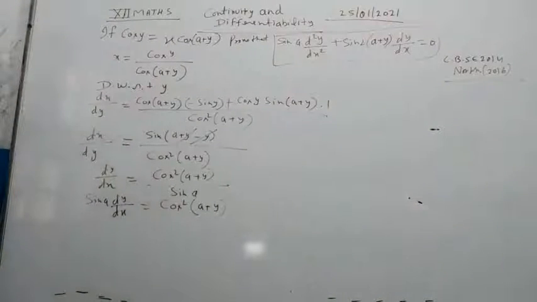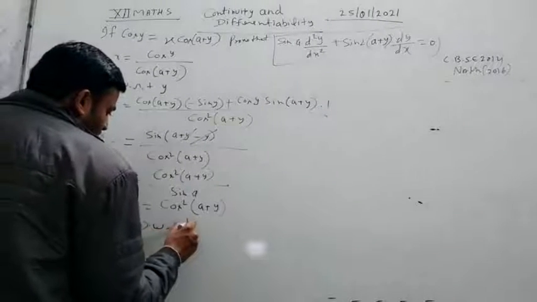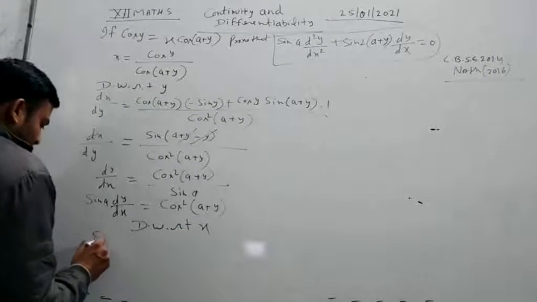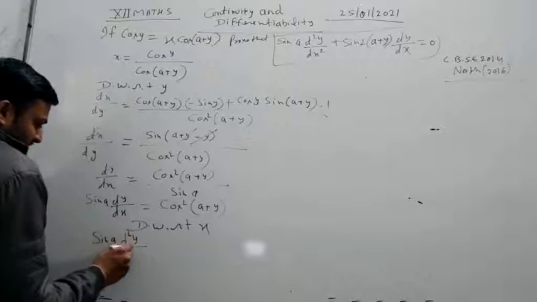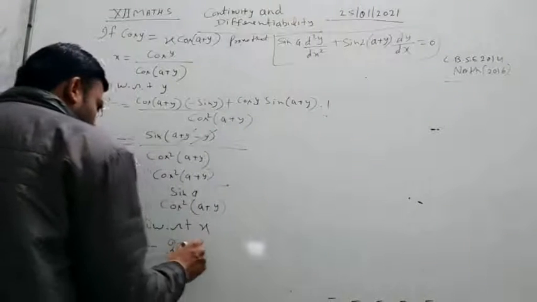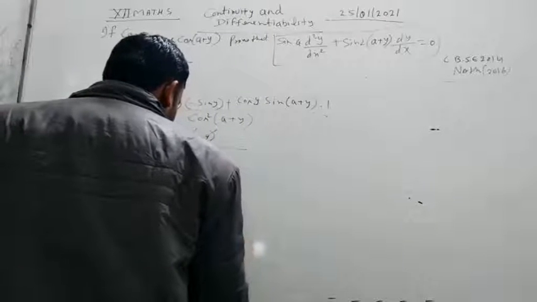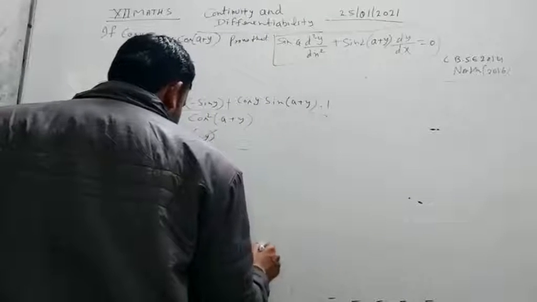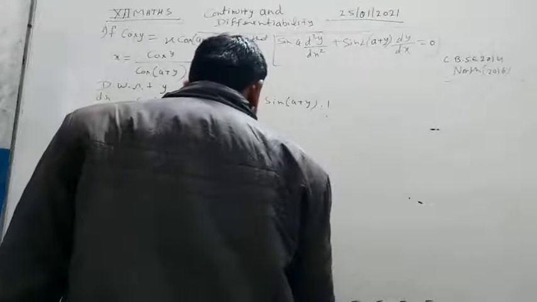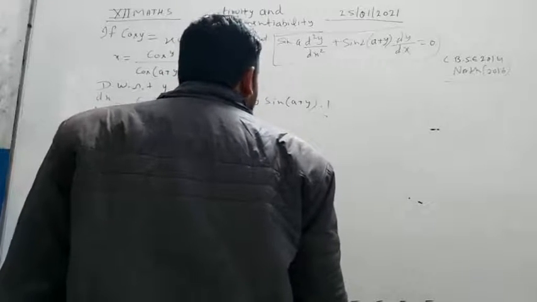Now we will again differentiate this with respect to x. So we write sin a d2y by dx2, and here 2 cos(a plus y) into minus sin(a plus y) into dy by dx.